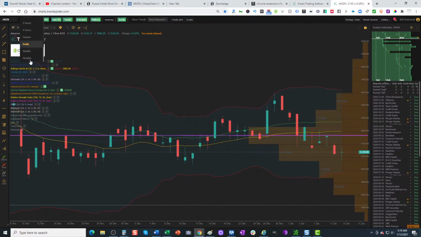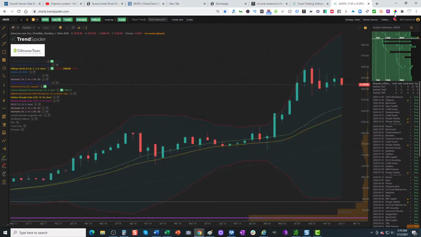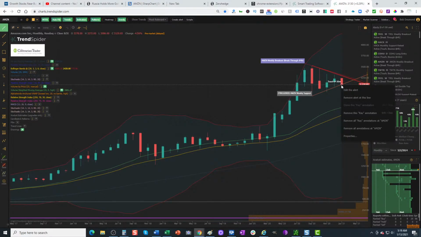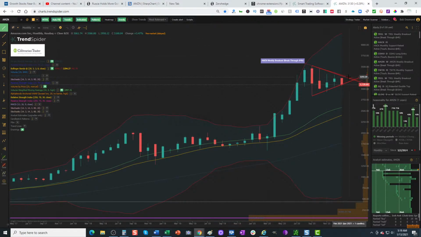Let's go to a monthly chart on TrendSpider. Let's identify support if, in fact, we do break. I already have my alert set here. Let's remove this. It's expired. There we go. We're looking for a break here on Amazon. We'll use the automated trend lines.